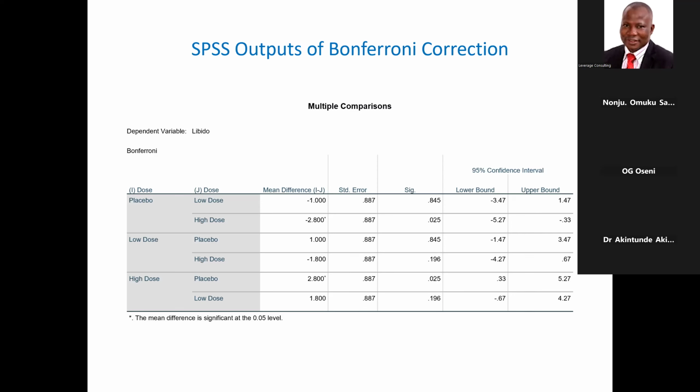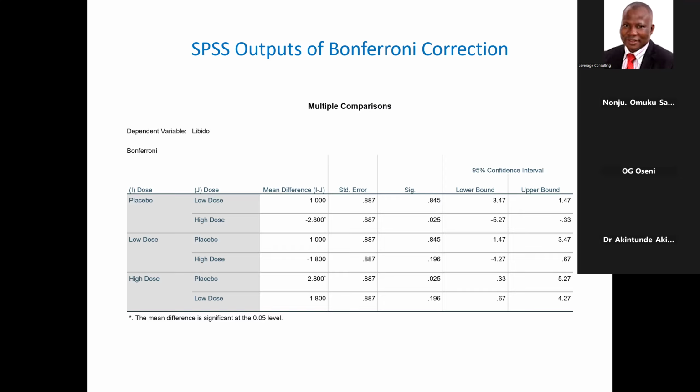It's the same thing. One is negative, one is positive. Then look at placebo and high dose, minus 2.8. High dose and placebo, 2.8. The same thing. If you see low dose and high dose, minus 1.8. High dose and low dose, 1.8.